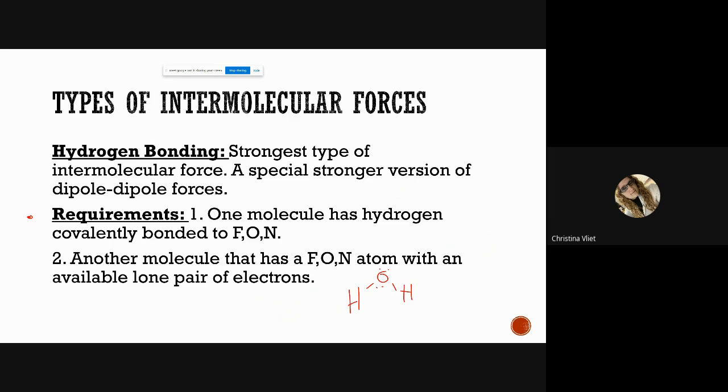So a molecule like water will be capable of hydrogen bonding. What would be a molecule of hydrogen and fluorine? Literally just HF, right? Because F can only make one connection. So that's capable of hydrogen bonding. Is this capable of hydrogen bonding? Yes.